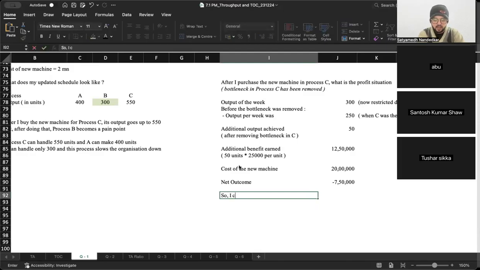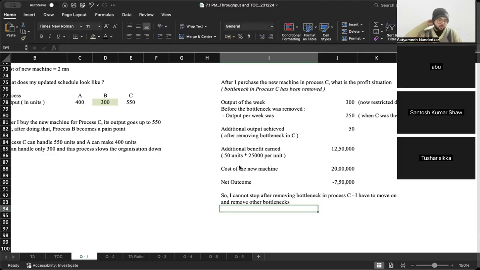So I cannot stop after removing the bottleneck in process C. I have to move on and remove other bottlenecks.